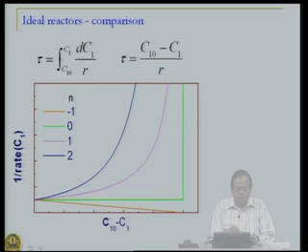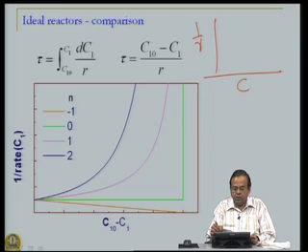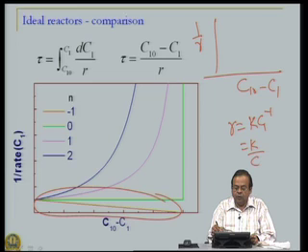What we see here with this orange line, and let me magnify it so that it is clear. This orange line over here, this particular line, is when n is equal to -1. So, now our kinetics is R equal to K C1 raised to -1, or K by C1.